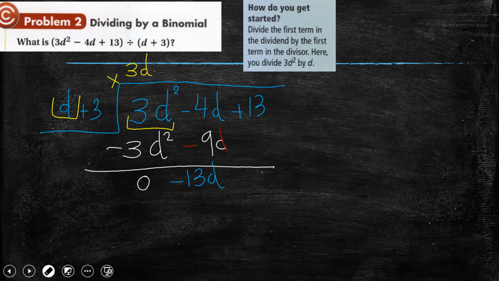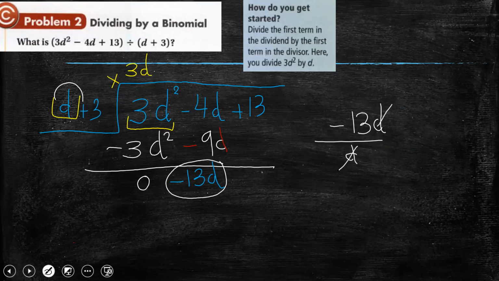Then let's see here now. Negative 13d. Let's divide now by d. Now here, the first term that I have now, divide it by the first term in the divisor. So negative 13d over d is what? Negative 13.